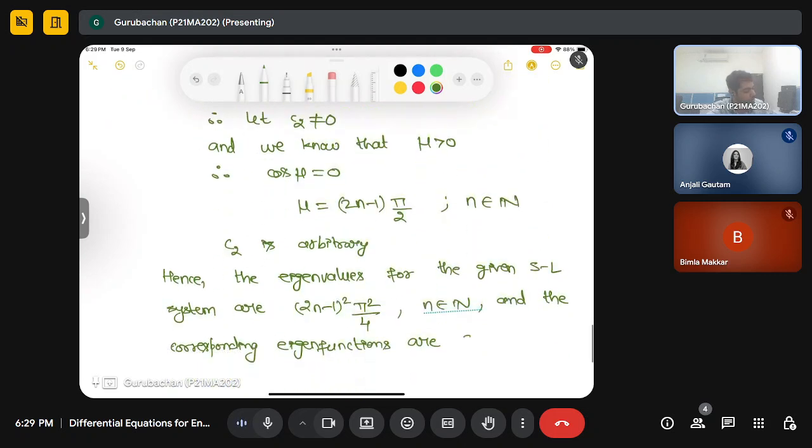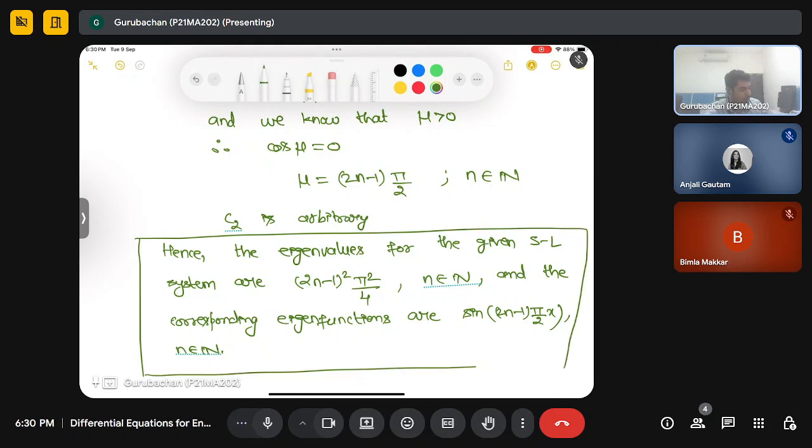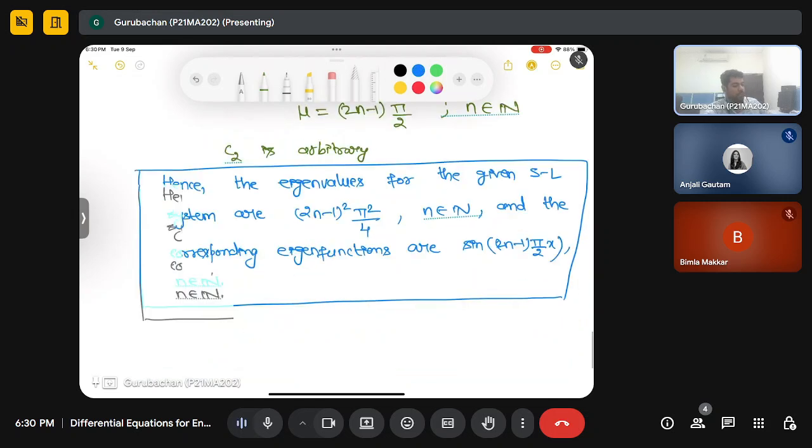So the corresponding eigenfunction will be sin of (2n minus 1) pi by 2 into x, where n is any natural number. So this will be your final answer for this Sturm-Liouville system. Let me verify it. So this is the (2n minus 1) square pi square. Yes, it's correct. So let us move to the next question.